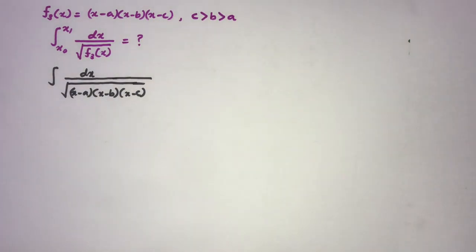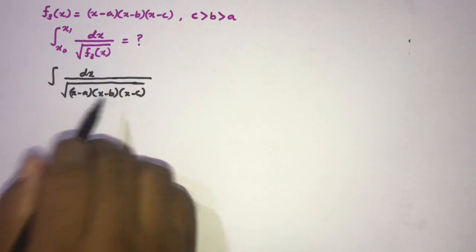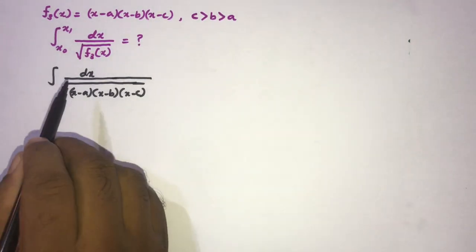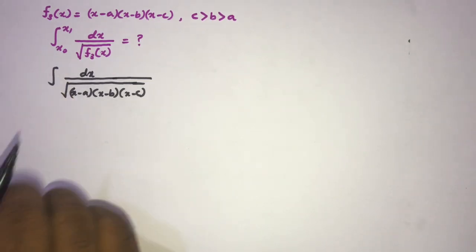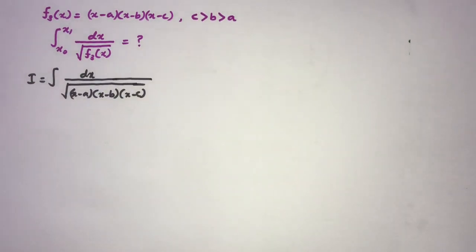Now to generalize this integral we should have factors in the denominator. So now I am not going to use the limit boundaries. We can take this as I, and now I am going to use a substitution.